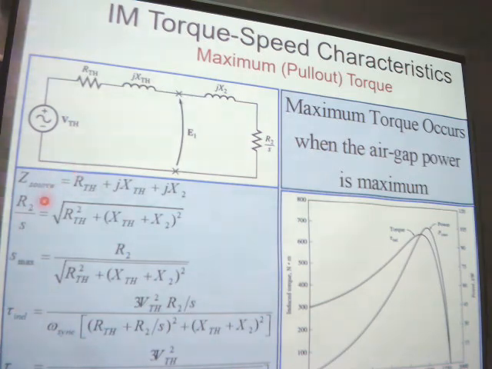We have learned how to calculate these values and the impedance.